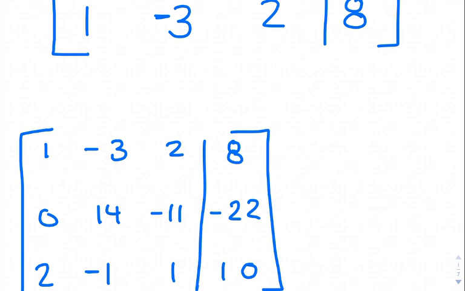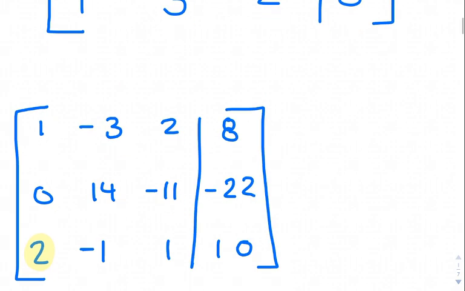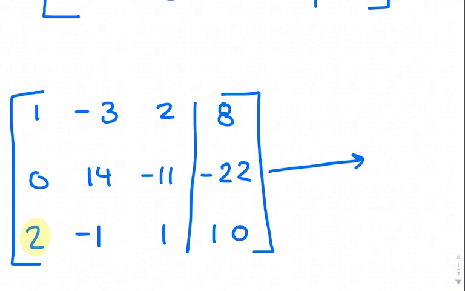So I got my 0 in this spot, which I wanted, and now I need to get a 0 in this spot. So 2 plus something has to give me 0, and that would be negative 2. So I'm going to multiply row 1 now by negative 2. So notice how when I want zeros in column 1, I use row 1, multiply it by whatever number would add to 0, and then add it to that other row. So whenever you want to get zeros in column 1, use row 1.